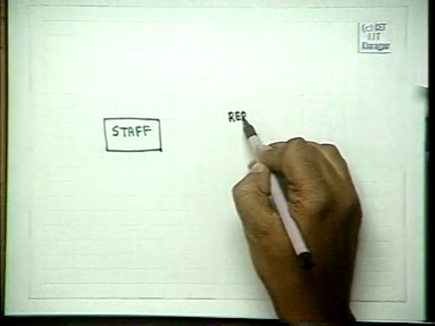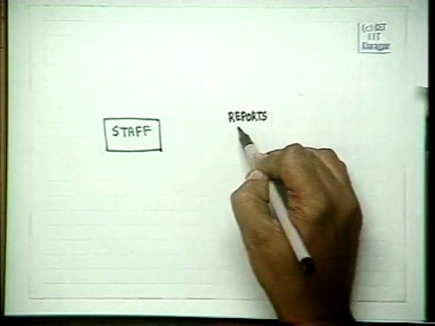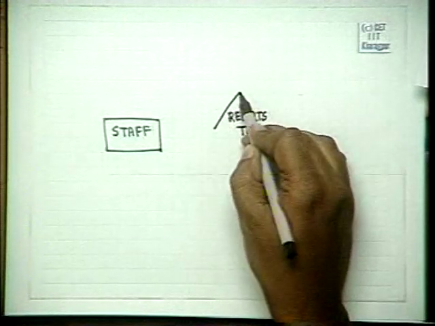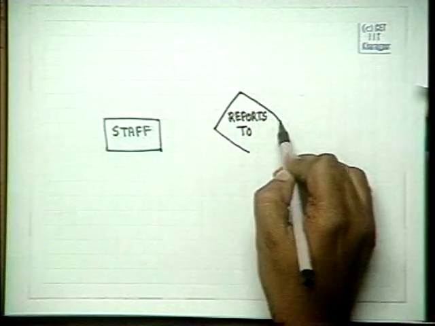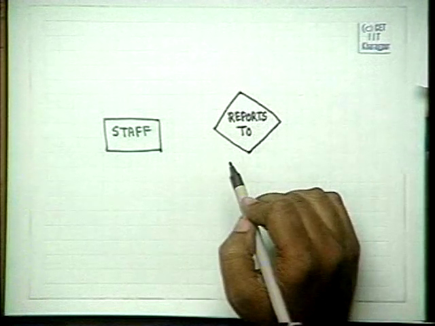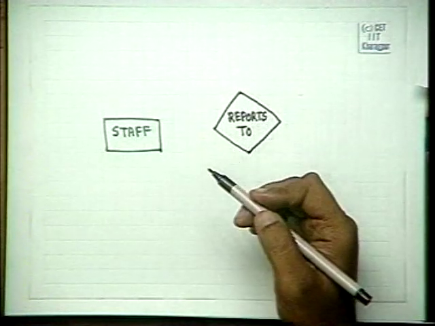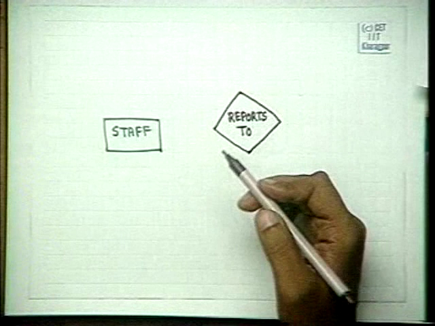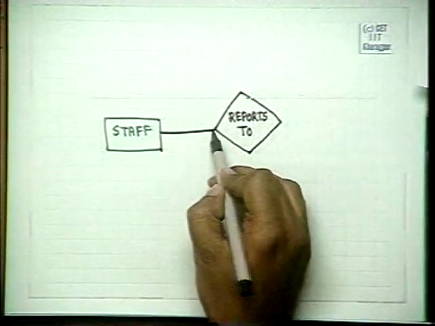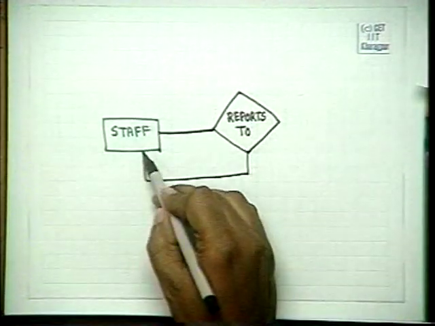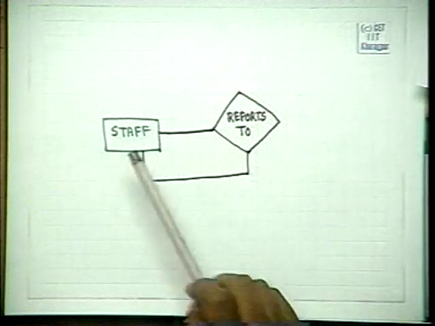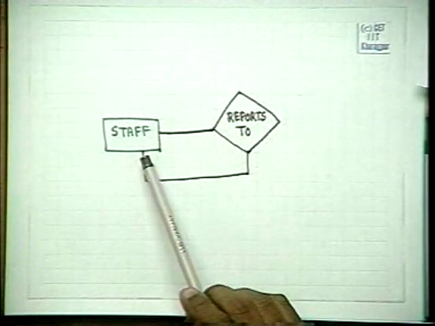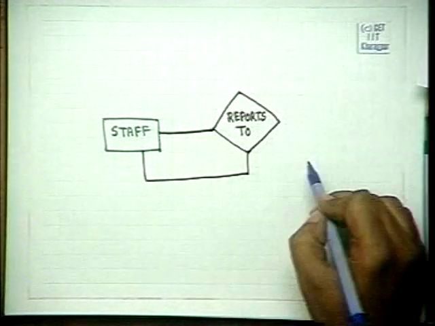This person reports to this person. In all organizations, you have people reporting to people and staff report to staff, isn't it? So once staff report to staff, you have a relationship between the same entity set. Therefore, a relationship may be between the same entity set, and in order to distinguish what is what, we have what is called the role of a relationship.